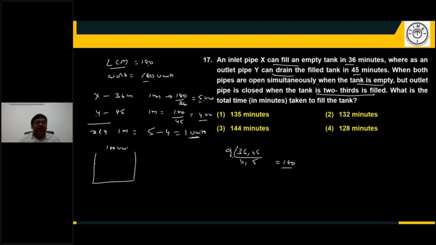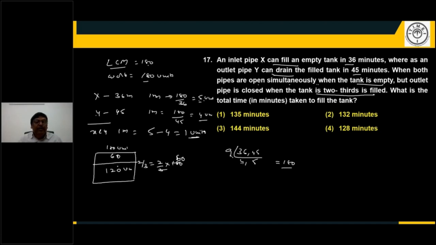If I take 2/3 of the tank, the capacity will be 2 by 3 into 180, which is 120. So 2/3 capacity is 120 units. The remaining 1/3 will be 60 units.